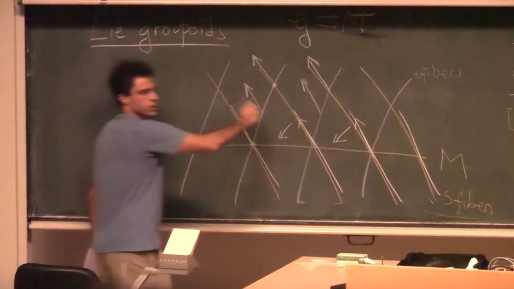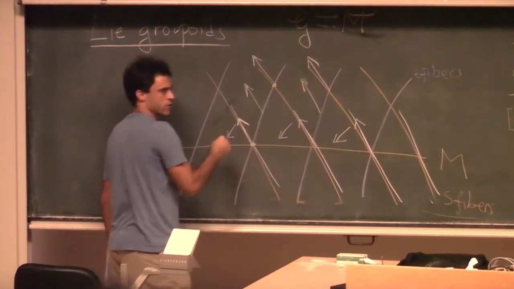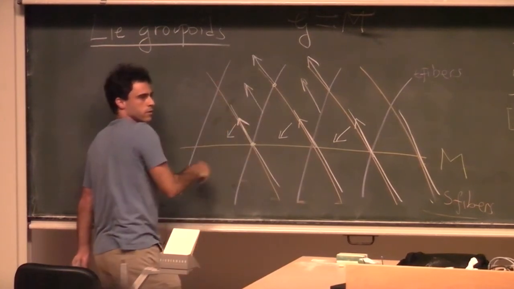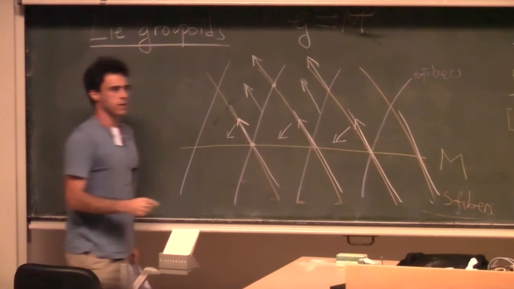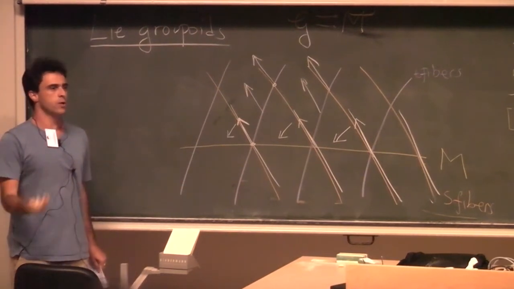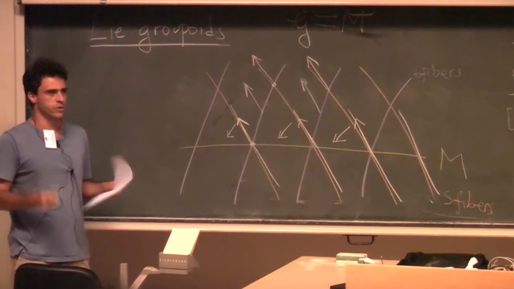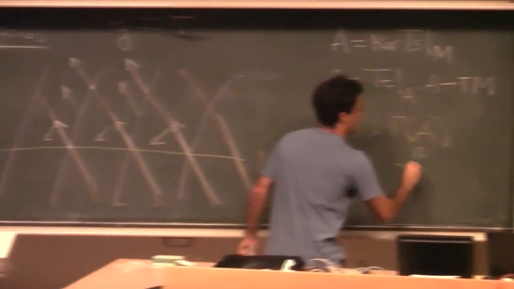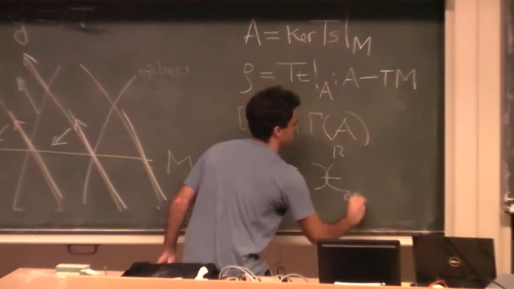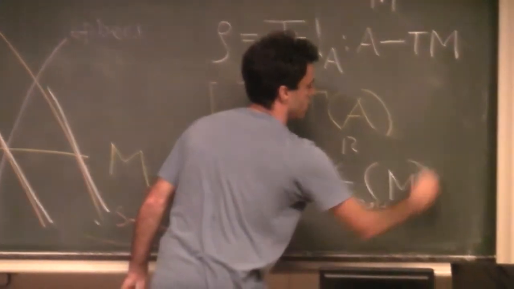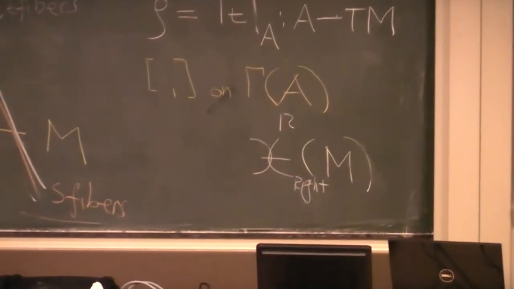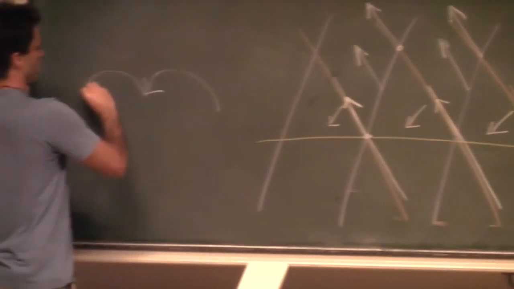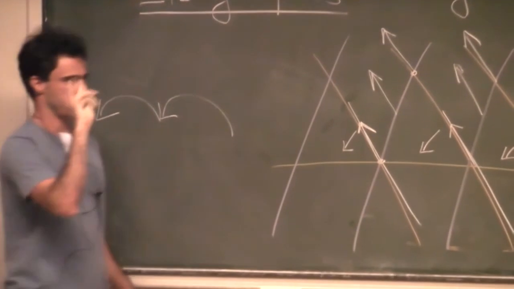So in the end, if you have a section, right translation is something that slides over this fiber here. So you can just push the section and cook up a vector field. And just like for Lie groups, the right invariant vector fields are closed under the Lie bracket. So you do this by identifying this with the right invariant vector fields. And the reason I chose right invariant, many people choose right invariant, is just because it's better to compose things like this. You don't have to think about it.